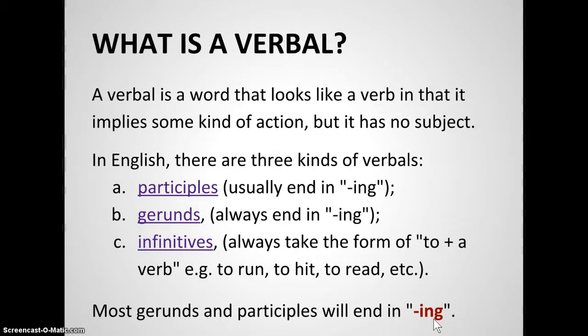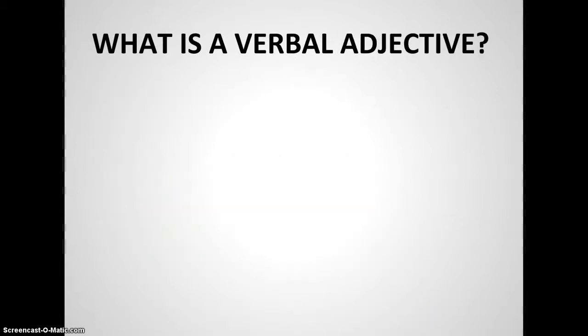That won't always be the case, but it's usually the case. And infinitives, look for the preposition to with a verb. Now, if you have the preposition to with a noun, you have a prepositional phrase, not an infinitive. But when you have to plus a verb, you have an infinitive.